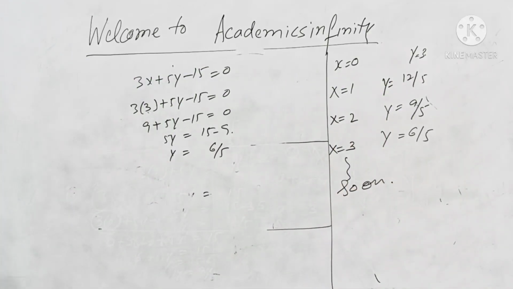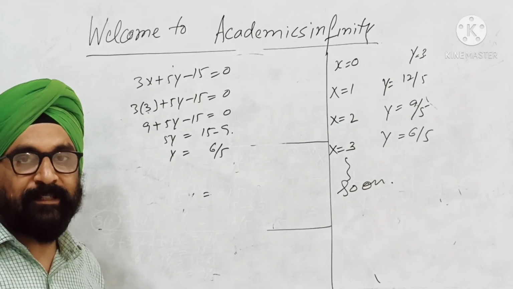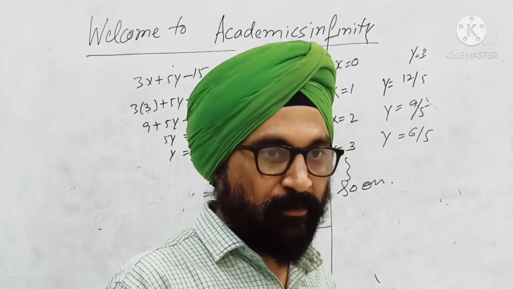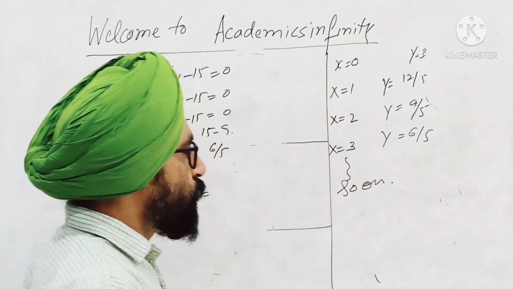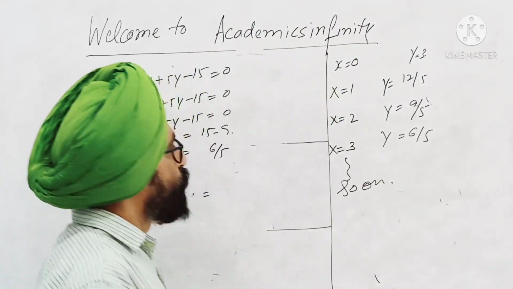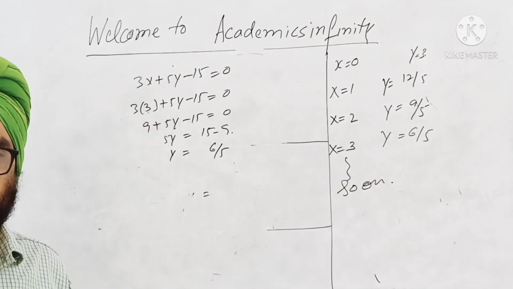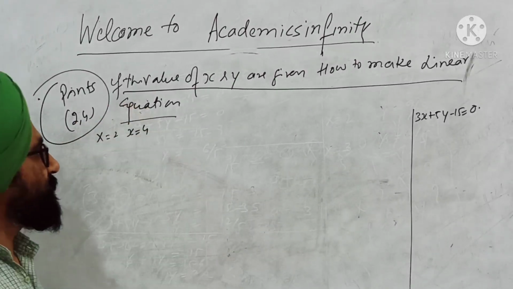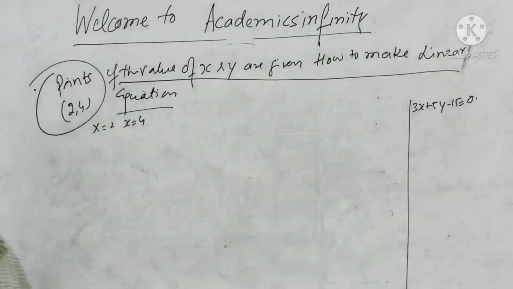So a linear equation in two variables has infinitely many solutions. The next topic is, if the values of x and y are given, how to make the linear equation.